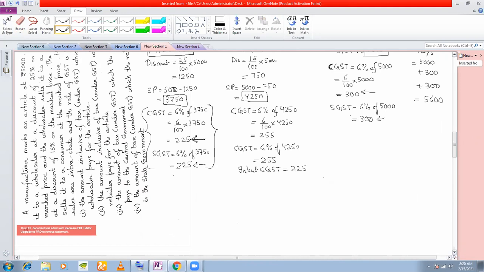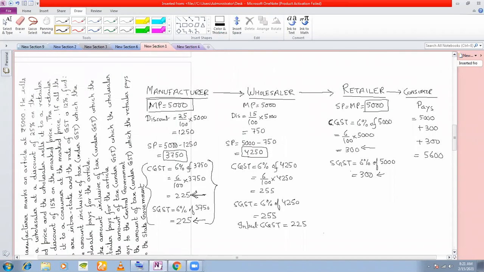Also, how much is he paying the state government through the manufacturer? Obviously, this 225 rupees is for the state government. Okay, he's paying it to the manufacturer, who will later on give it to the state government. Okay, so this is his input, sorry, not output, input SGST is 225.